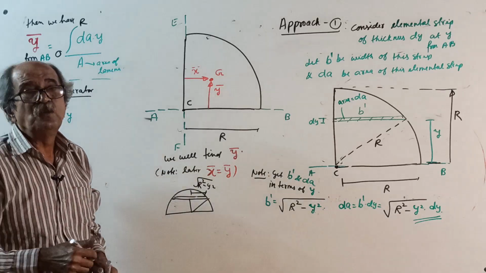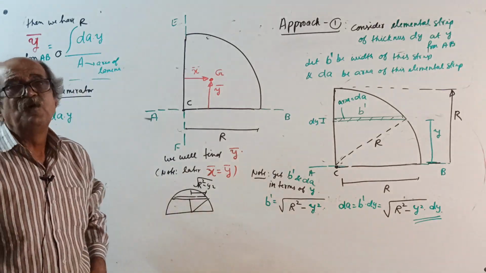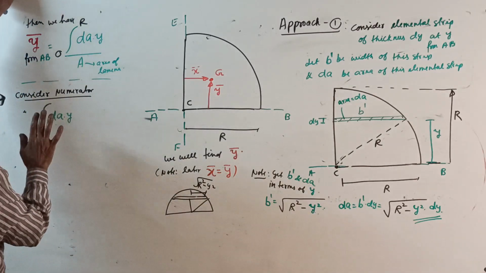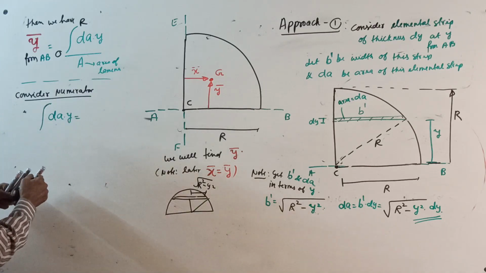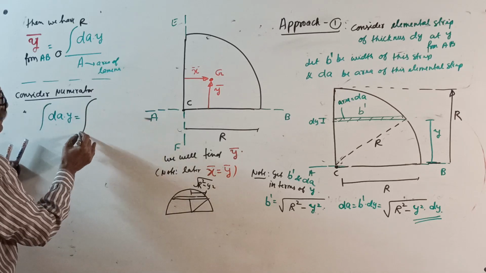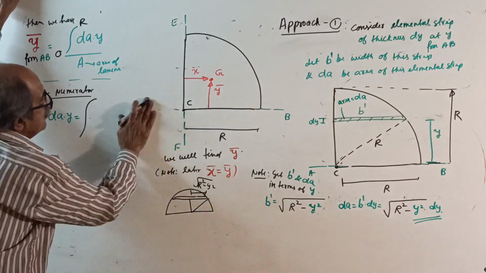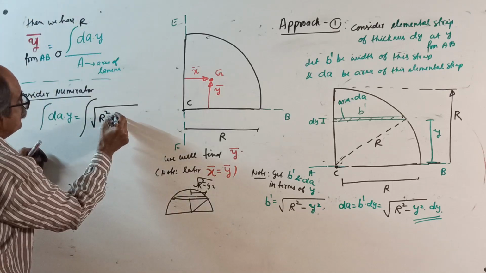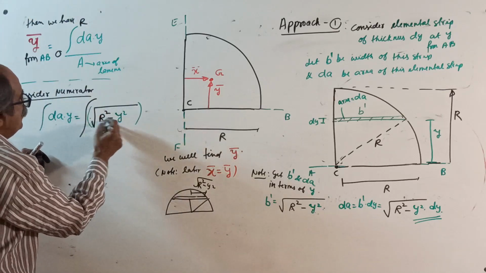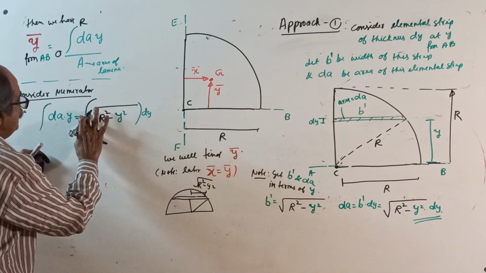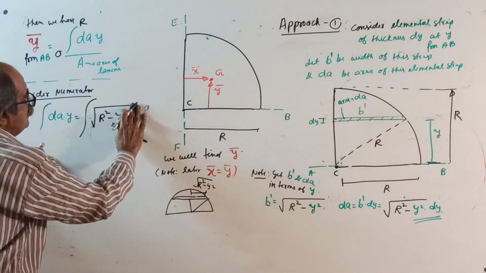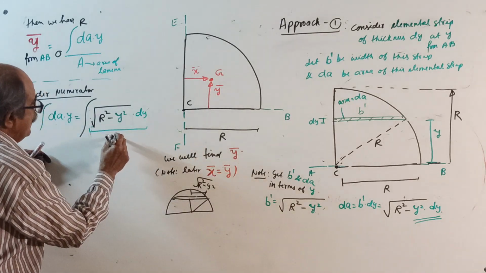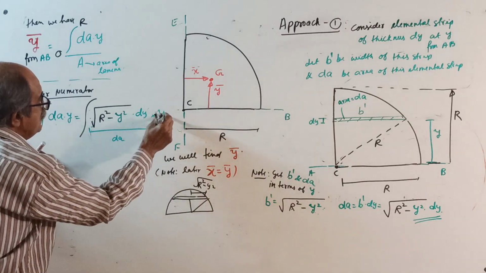Don't use the limit now. I told you, because when you integrate you are going for the method of substitution, and at that time the limit will change. So the numerator equals integration of dA, which is square root of r square minus y square into dy, then without forgetting into y.